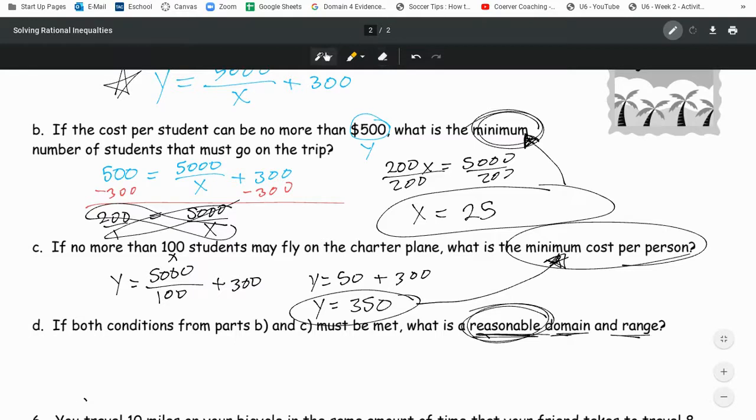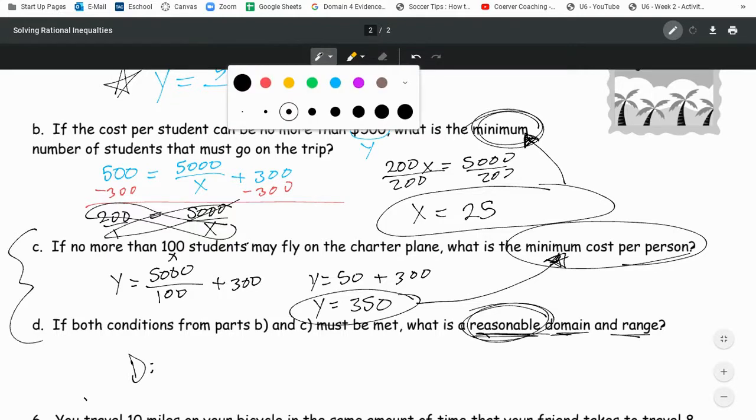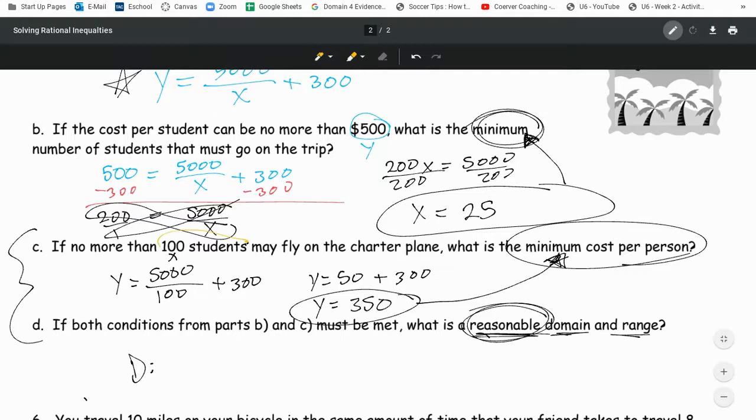So if I'm thinking about domain, it is the x value. So anything that deals with students. So I'm really going to use what I found in C and D to figure that out, right? So if I'm looking at this, I have up to 100 students. Sorry, and I'm going to include B here, but 25 represented students too.